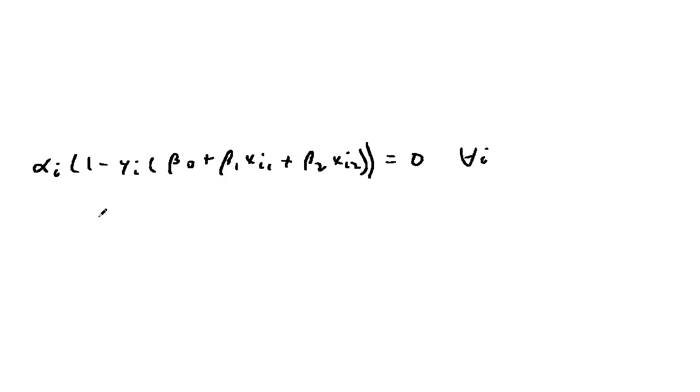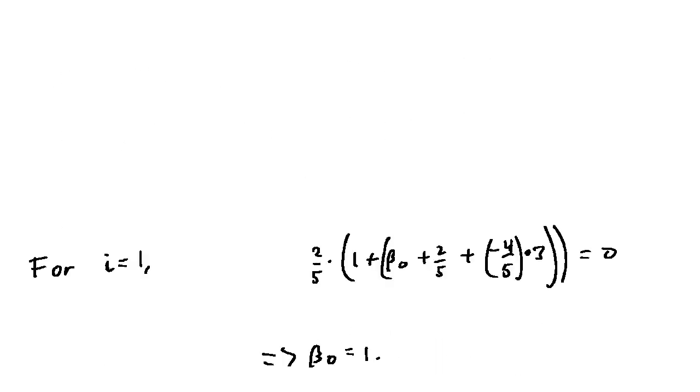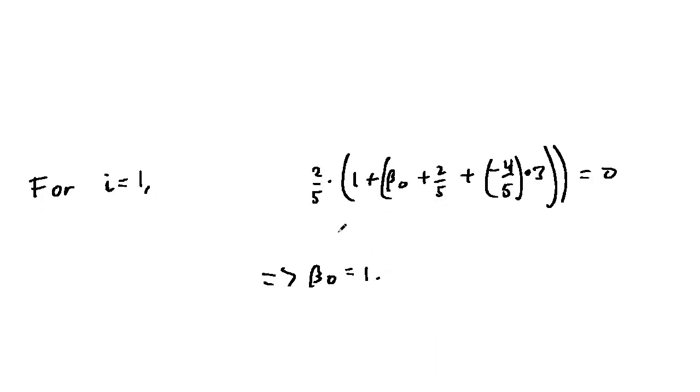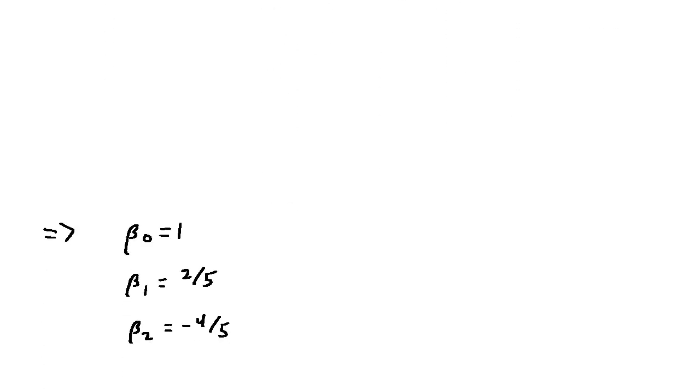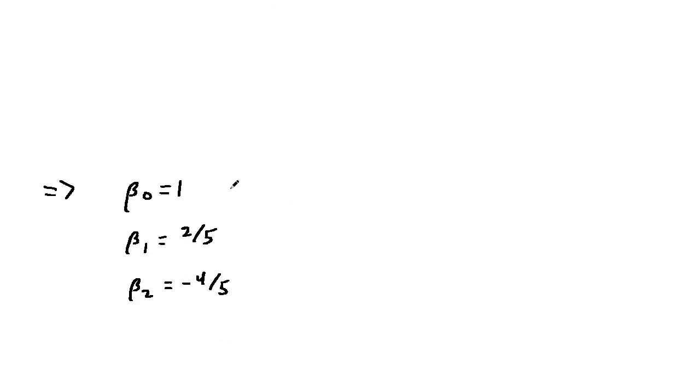In particular, this holds for i equals 1. Plugging in all the values and solving for beta 0, I get 1. So beta 0 is 1, beta 1 is 2/5, and beta 2 is negative 4/5.